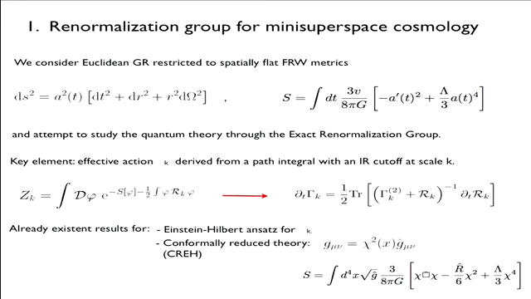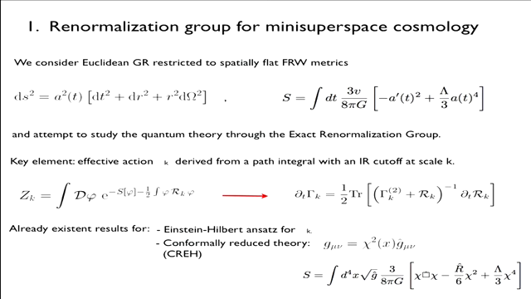This leads to a flow equation for the effective action Gamma_k that can then be computed within a certain approximation, or rather truncation, in which you just select certain terms and study their flow and the beta functions.